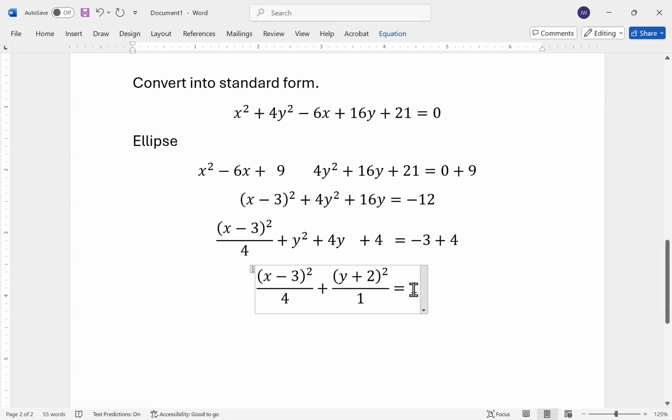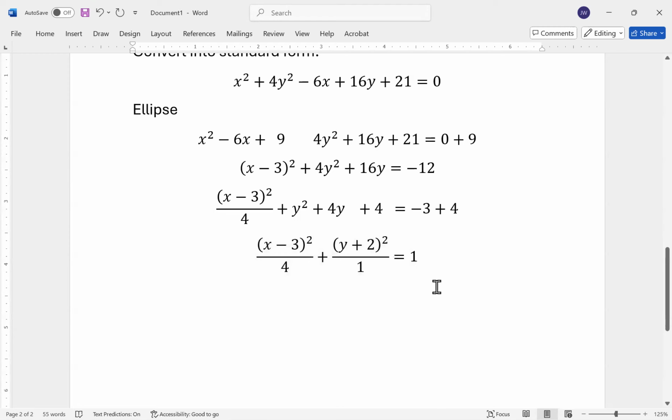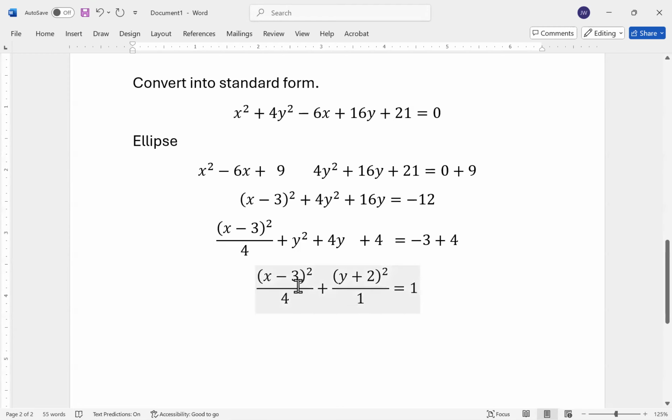If this number was not a 1 on the right-hand side, then I would divide all the terms by that number. But there you go. That's the standard form for an ellipse. And we could find all of the features. For instance, it's easy to see that this is centered at 3, -2. The a value is going to be 2, so a squared is 4.